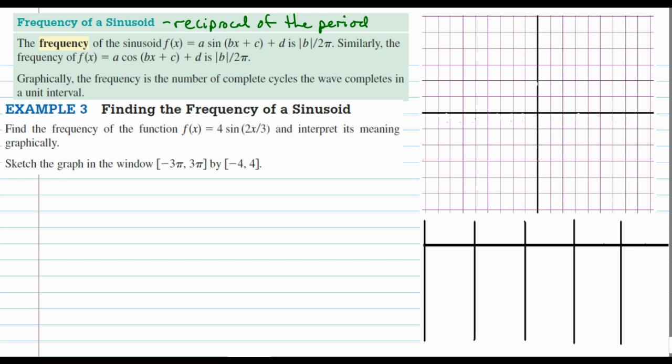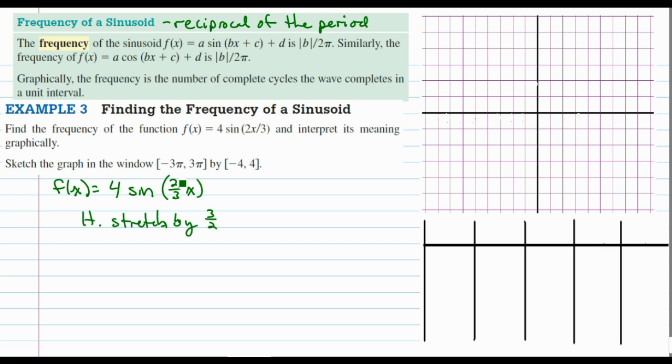All right, so I'm going to rewrite this: f of x equals 4 sine of 2x over 3, so 2/3 x. That is a horizontal stretch by 3/2.